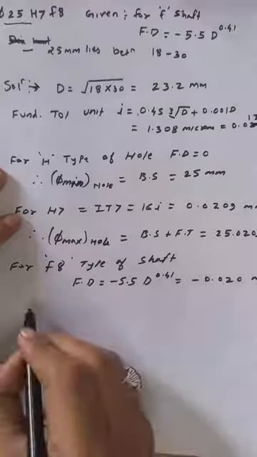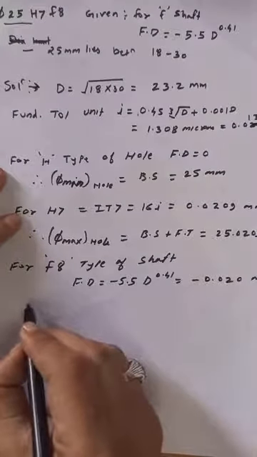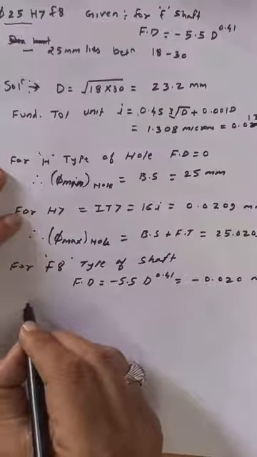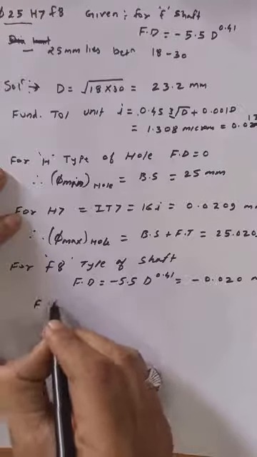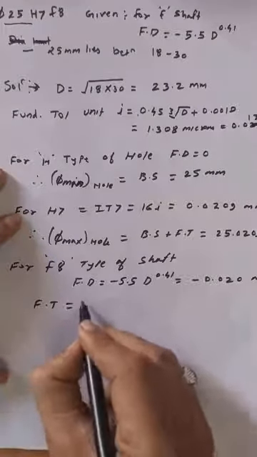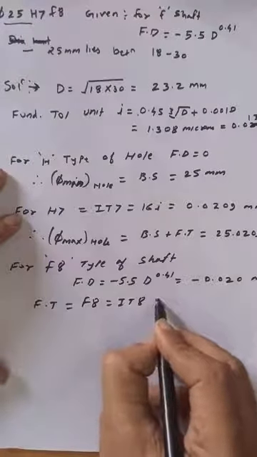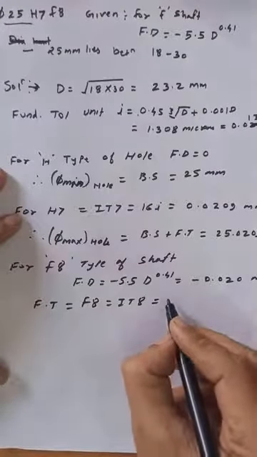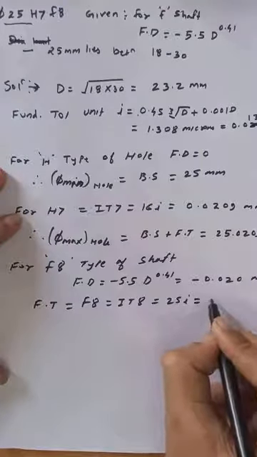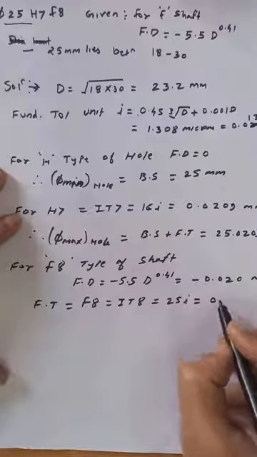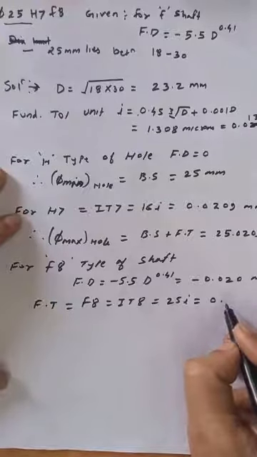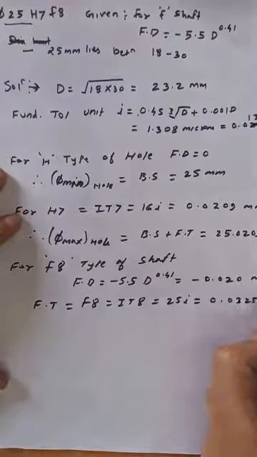Also calculate the fundamental tolerance for this. So for F8 type it is IT8 and it comes to be 25I, and that comes to be 0.0325 mm.